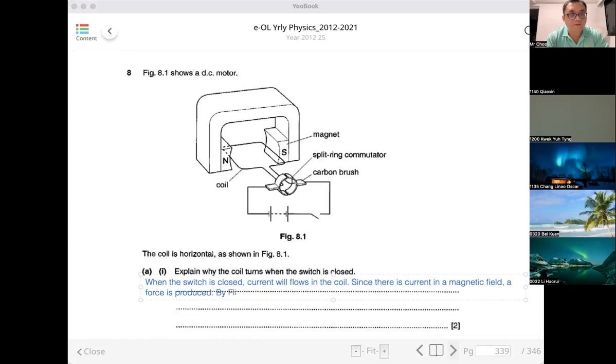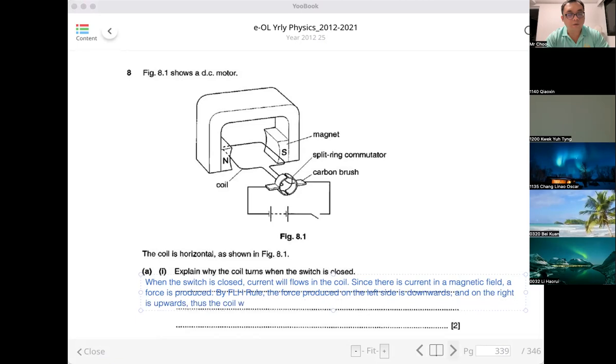So you can write down, by Fleming's left hand rule, the force produced on the left side is downwards, and on the right side is upwards.